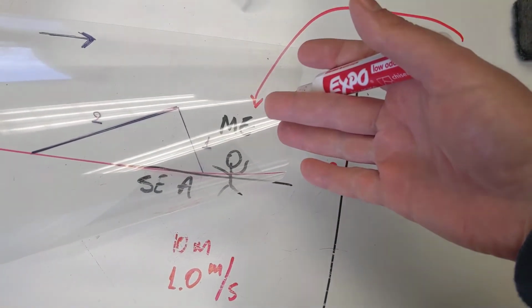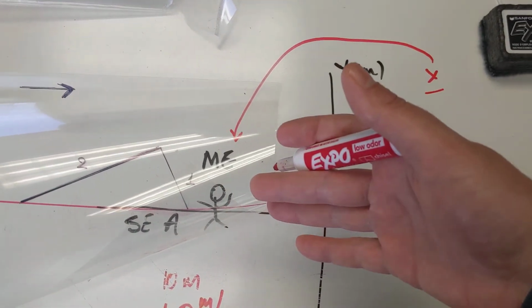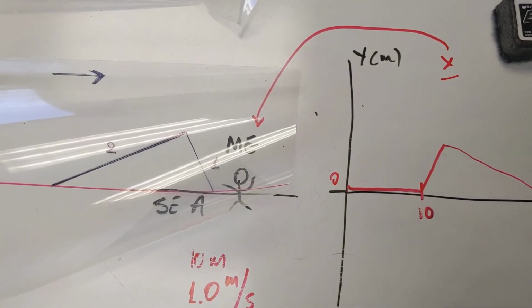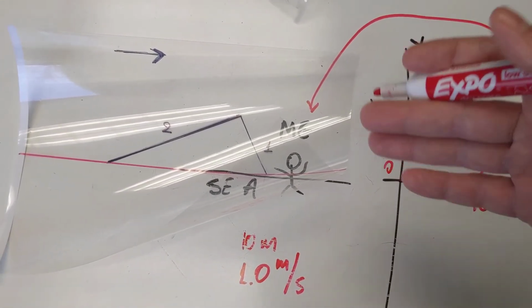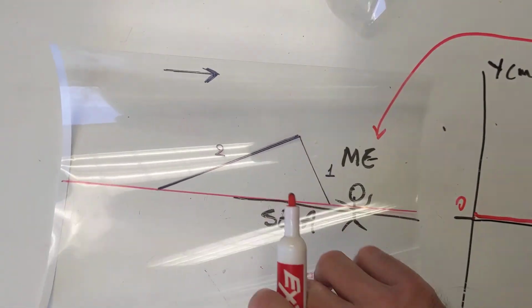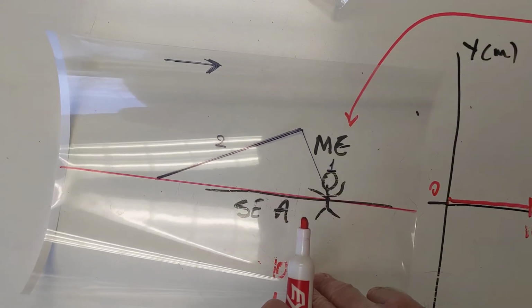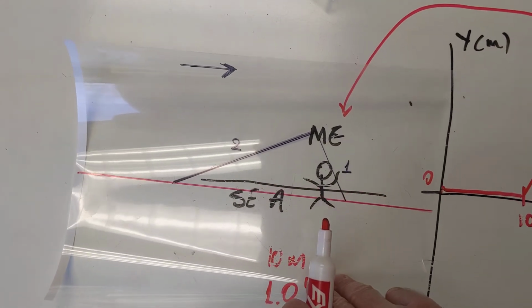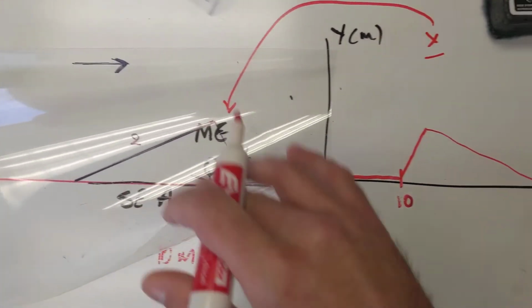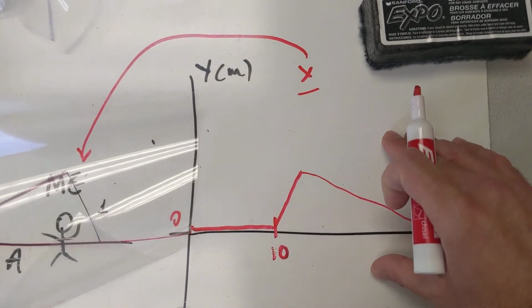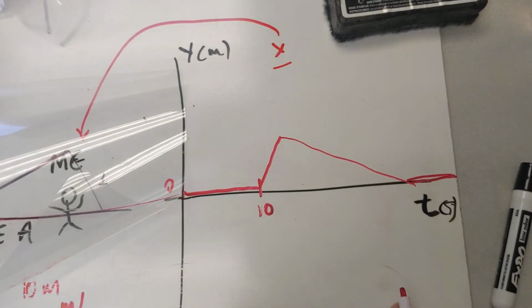Now I'm using a transparency and I'm using a specific example, but in my mind, this is how I think about this. I'm thinking about the wave, the y versus x graph, arriving at me, hitting me, and then I move according to what the wave looks like, and then in my mind I'm translating it to the y versus t graph.